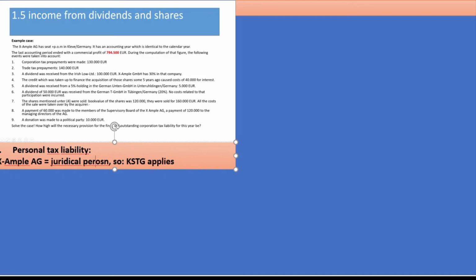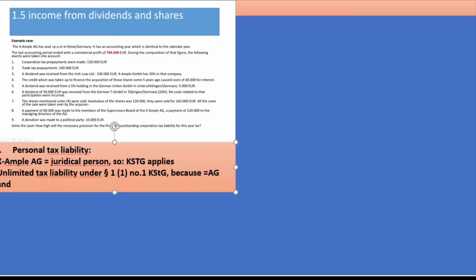And let me correct that typing mistake because it's a bit awkward. Now we have unlimited tax liability under 1.1 KStG because it is an AG and seat is in the inland.